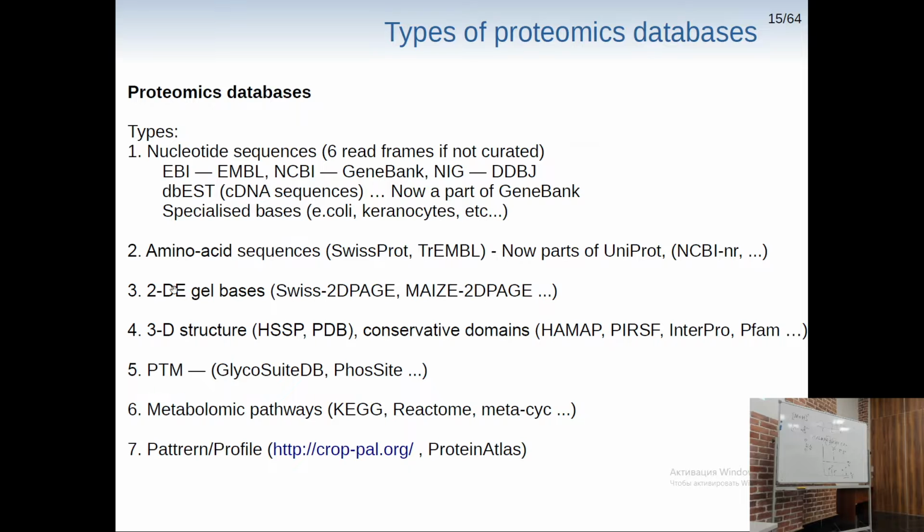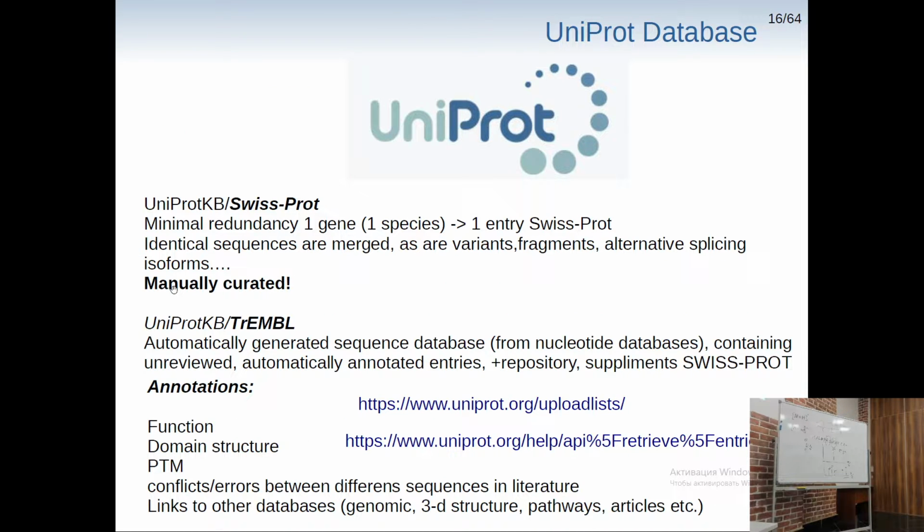So if you just open some protein here, you will get links to CAC, to PDB, to whatever database this protein was mentioned in. So it's really easy to have just one point where you can search everything on your protein, even post-translational modification, articles, everything will be there.